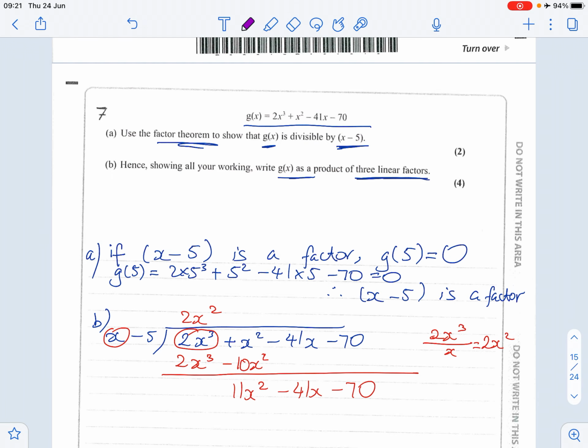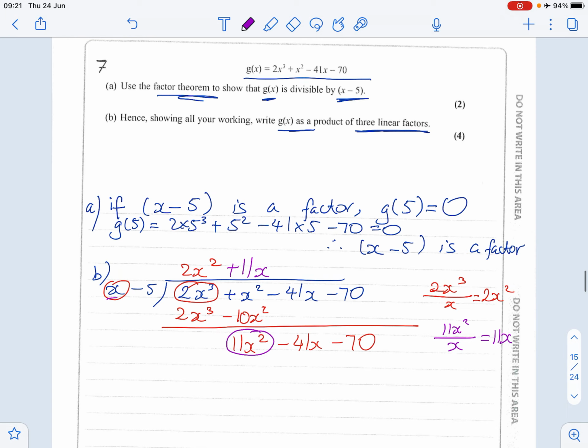Then we look at this term here, which is 11x squared divided by x, which leaves 11x. So we plus 11x. So 11x multiplied by x is 11x squared. 11x multiplied by minus 5 is minus 55x.